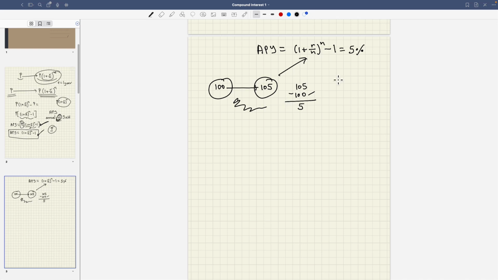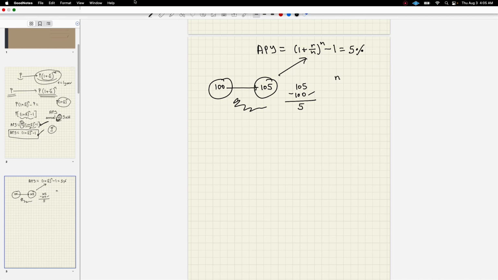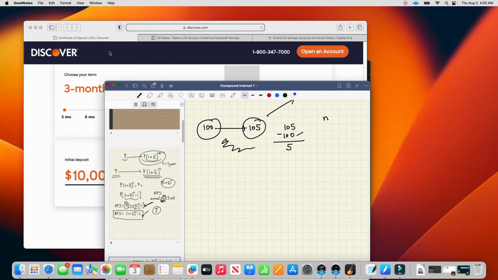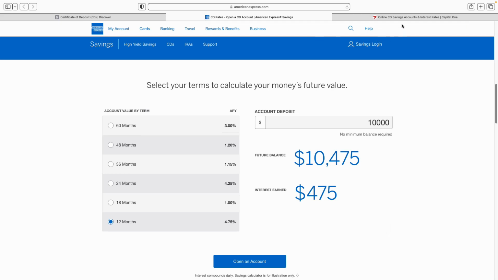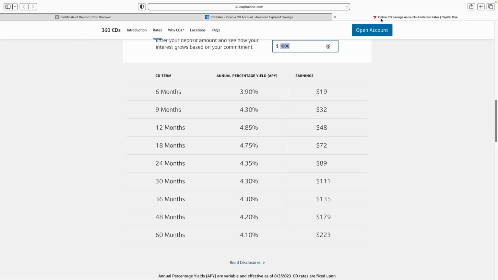That's where the little n comes into play, because usually banks, and as a matter of fact, American Express says it right there. American Express, if you read the terms, and as a matter of fact, too, Capital One, it's even right here, 360. This 360 up here means that they compound daily, where 1 month is 30 days. So in 1 year, there are 360 compoundings.